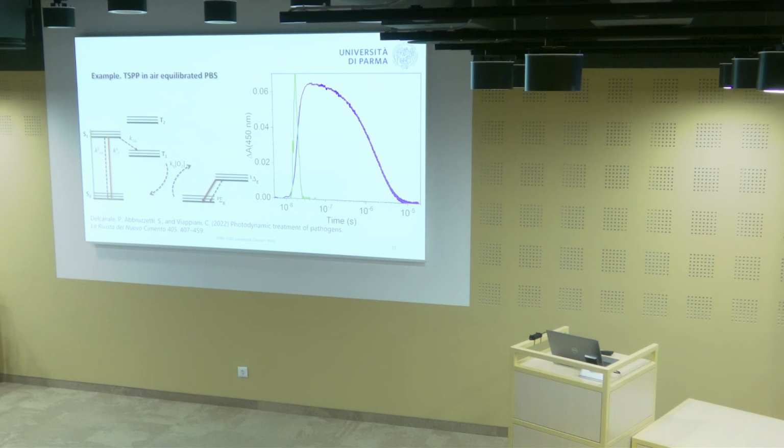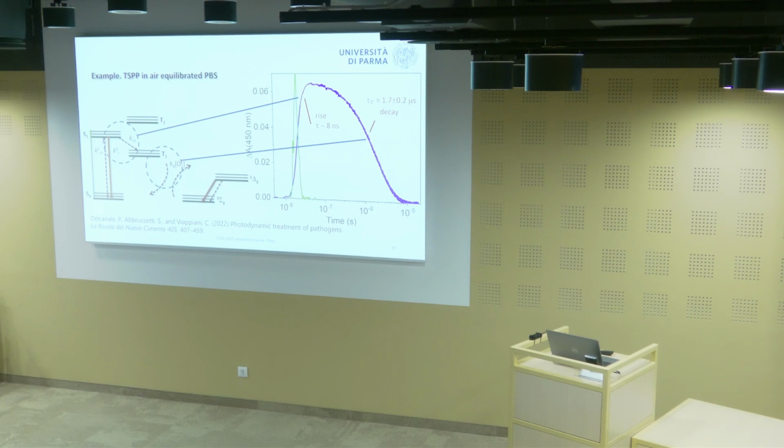What is this signal for? This is the signal that corresponds to decay of the singlet state to the triplet state. It's this rise. And then decay of the triplet state. It's this decay. The decay has a lifetime of 1.7 microseconds.